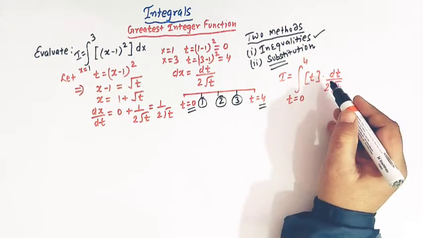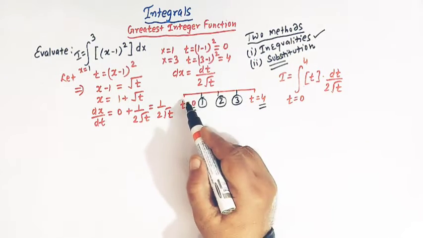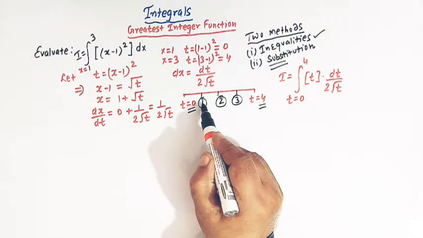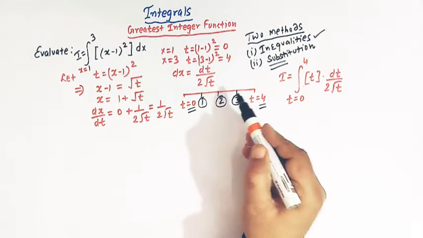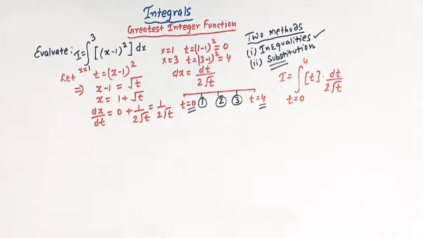So we'll split this integral into four integrals: first from 0 to 1, second from 1 to 2, then from 2 to 3, and then from 3 to 4.